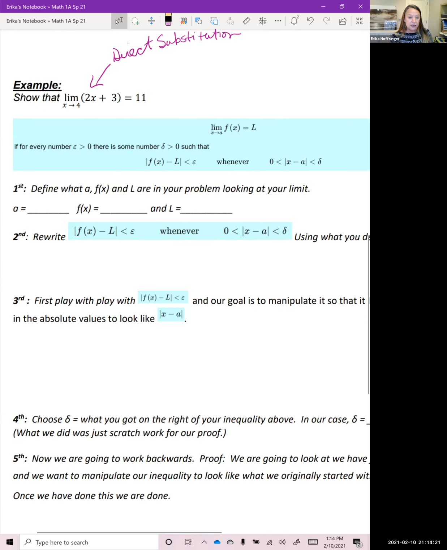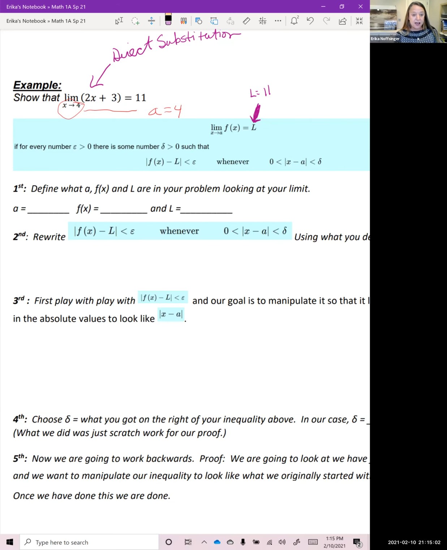So first thing is kind of identifying what is what. So we're looking at the limit as x is approaching a of f of x equals L. So our L value here that we're approaching, that Y value of that line was 11. So I know that L is equal to 11 in this case. X is approaching A. So what value are we approaching? My A value in this case is 4. So A is equal to 4.